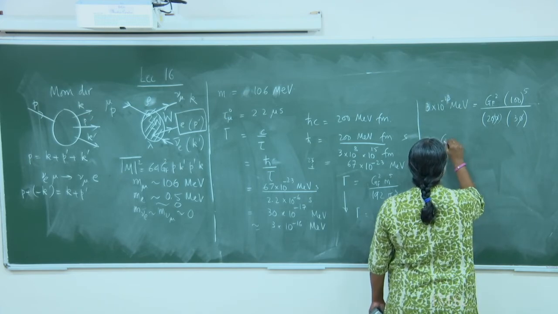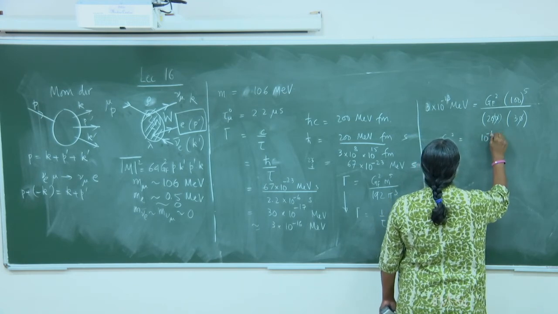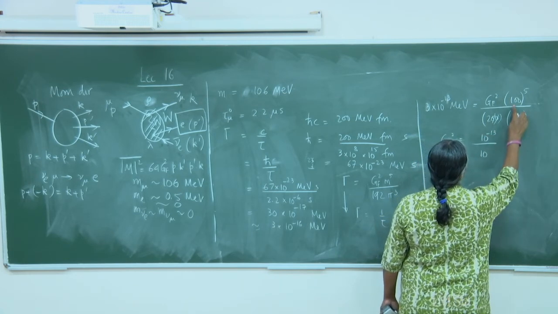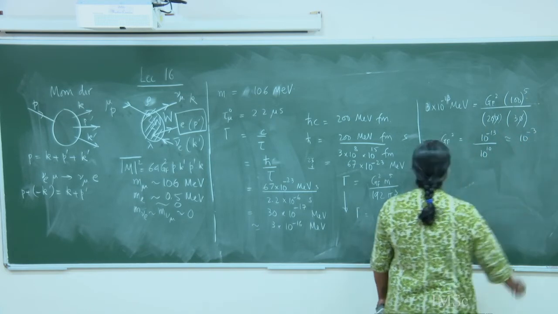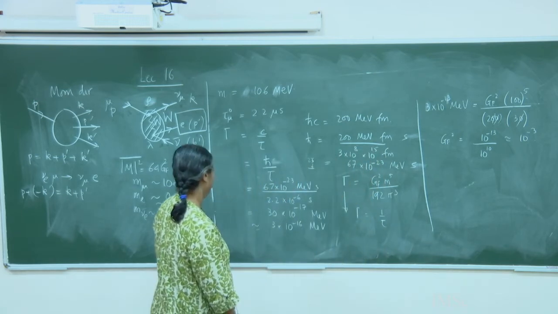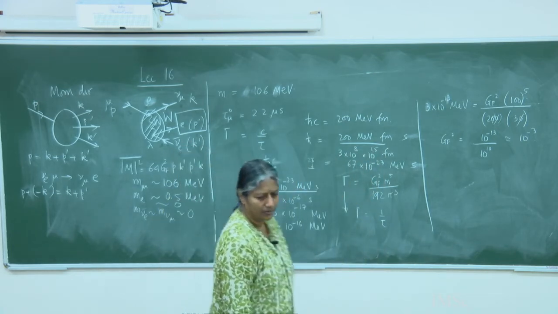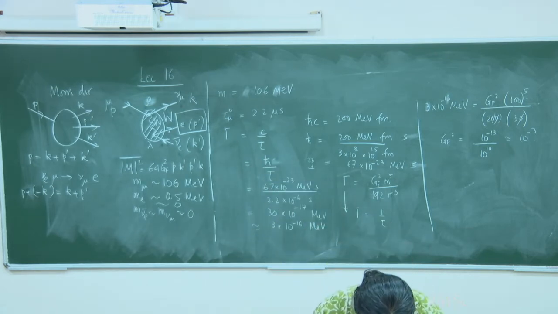So Gf squared will come as 10 power minus 13 by 10, this is 5 2s are 10, right? 10 power minus 3, this is wrong. Okay, I have done something wrong here. What did I do in my notes? Probably I did it the other way around.